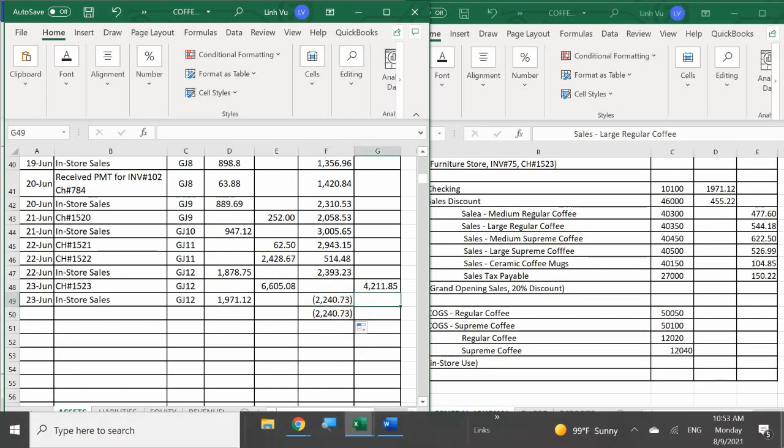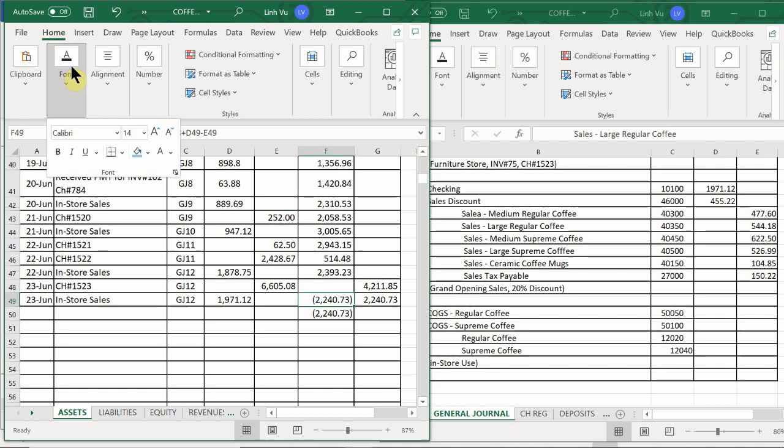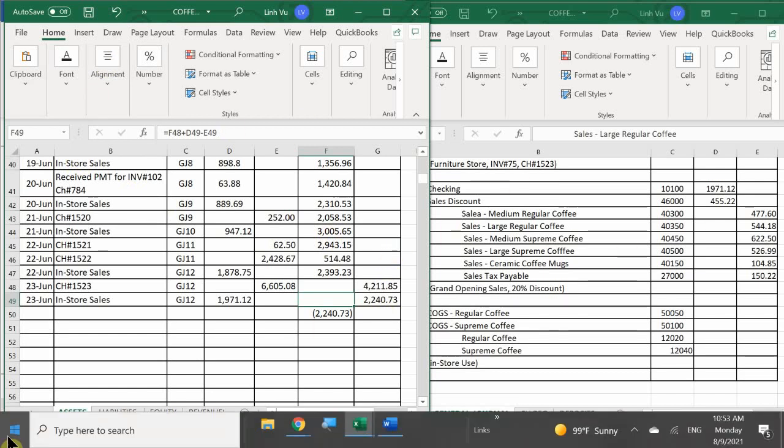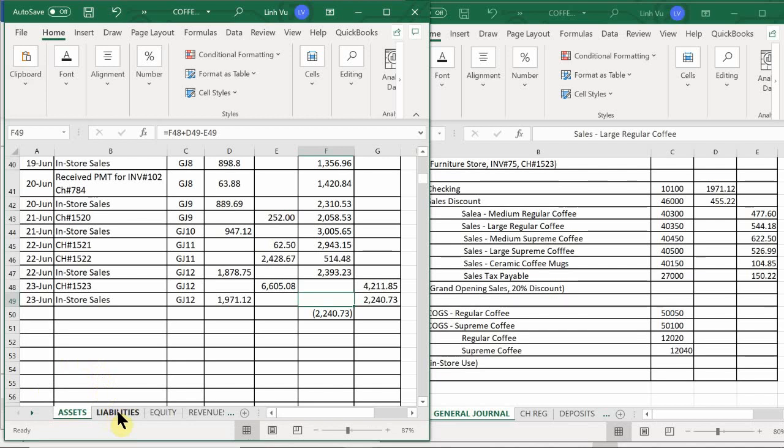Okay? 2240.73. We still are in the hole. Not doing so good. But again, we have to because we owed this vendor and they expect to be paid.